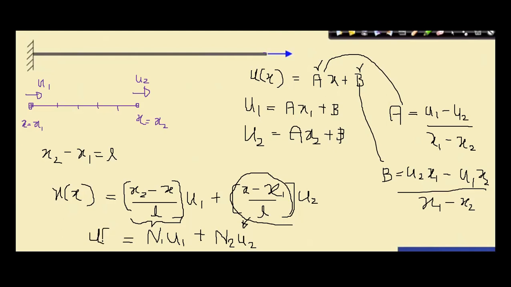So let me show you what these shape functions actually are. So n1, you remember, n1 is x2 minus x over L.